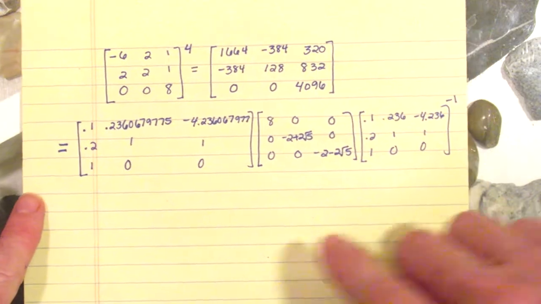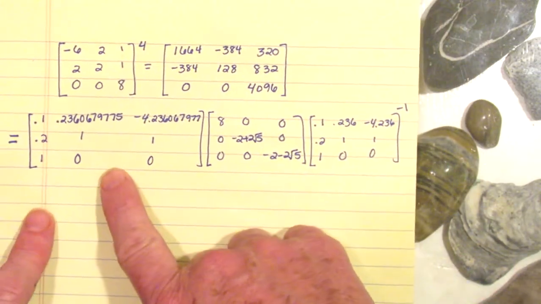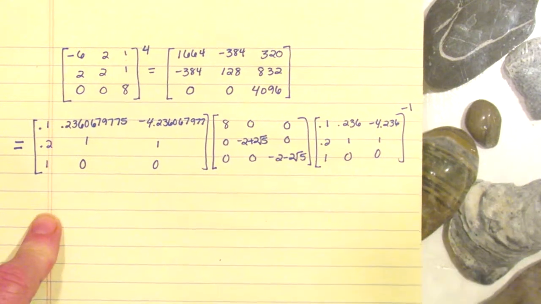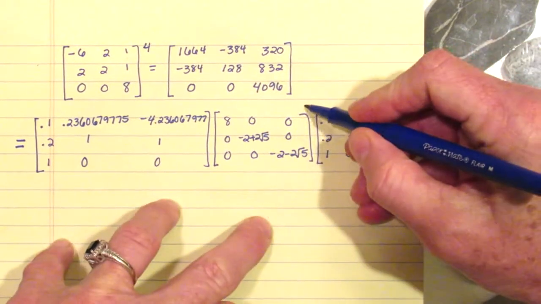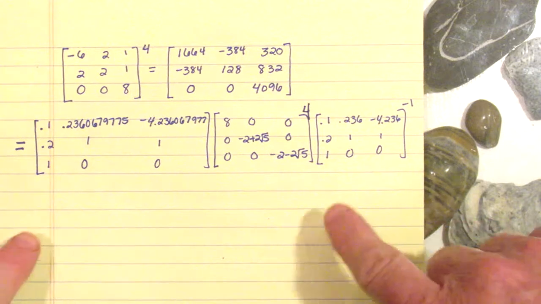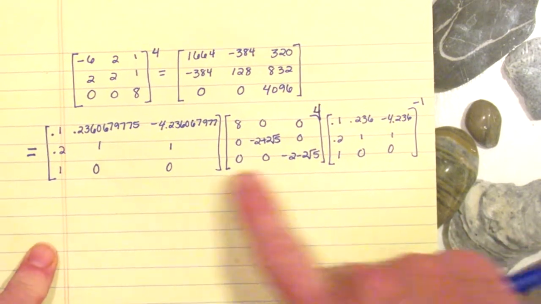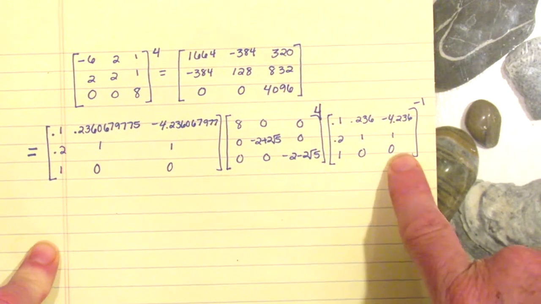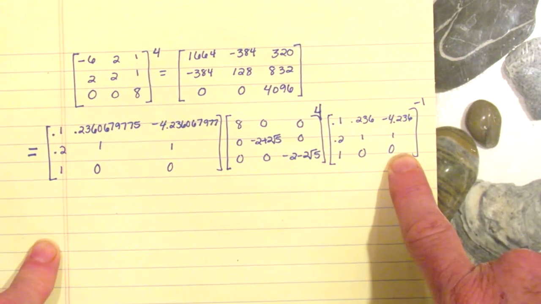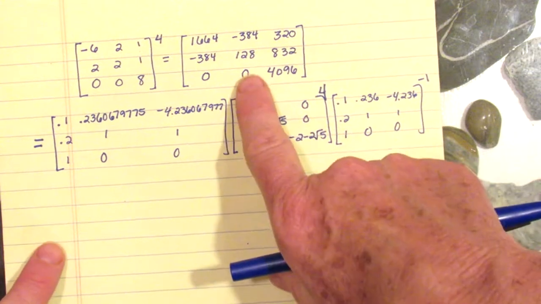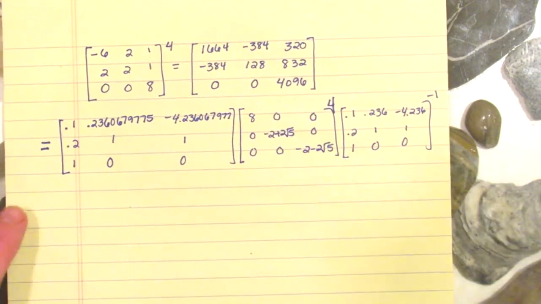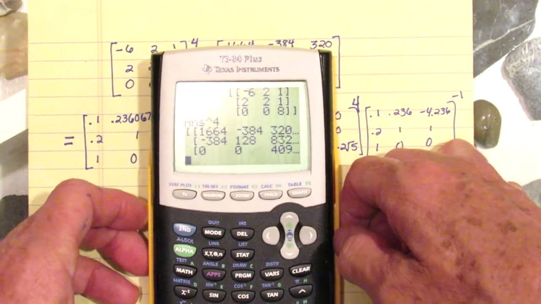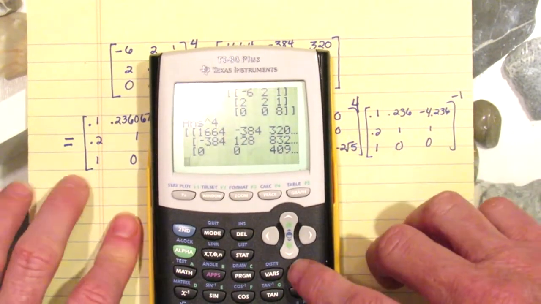Then if I take P and then I raise this to the 4th power, and then I take this matrix, I truncated the decimals, but you really should use the full decimal. Take the inverse of P, we should get A to the 4th power. So doing that on my calculator, remember C had the diagonal matrix.